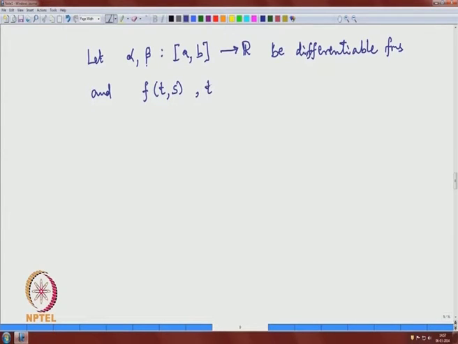So, t belonging to a b, okay, and s belonging to this interval alpha t, beta t. Okay. In this notation usually you assume that alpha t is less than beta t.